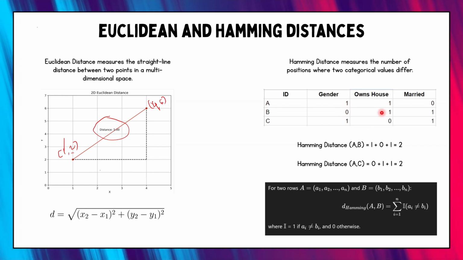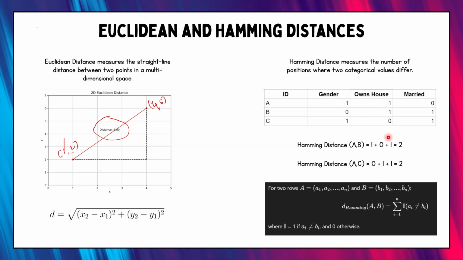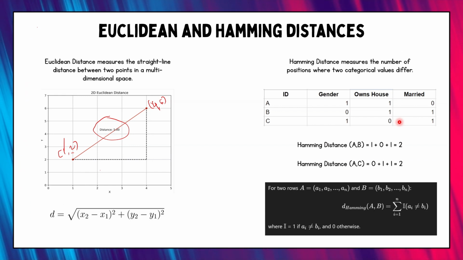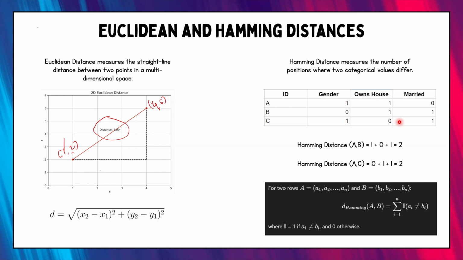In the second column, the A and B rows have the same value, 1 and 1, so we count it as 0 because they are similar. And then again it's different for the third column, so we again take it as 1. So whenever the values for two data points are different in a particular column, we consider that as 1. And if it's similar, we count it as 0. It basically means that it's identical, right?